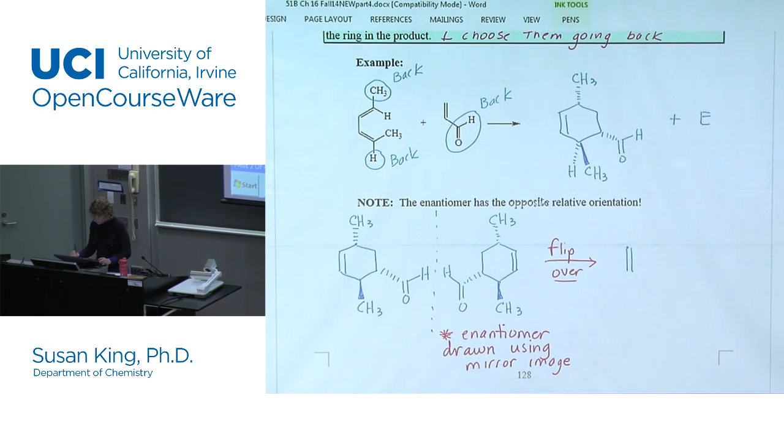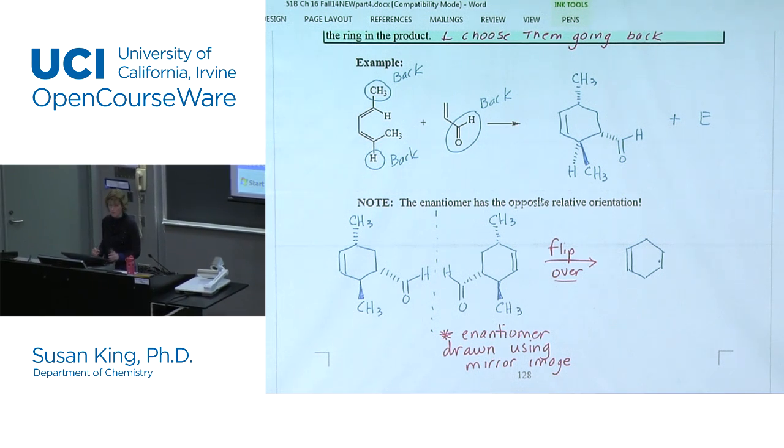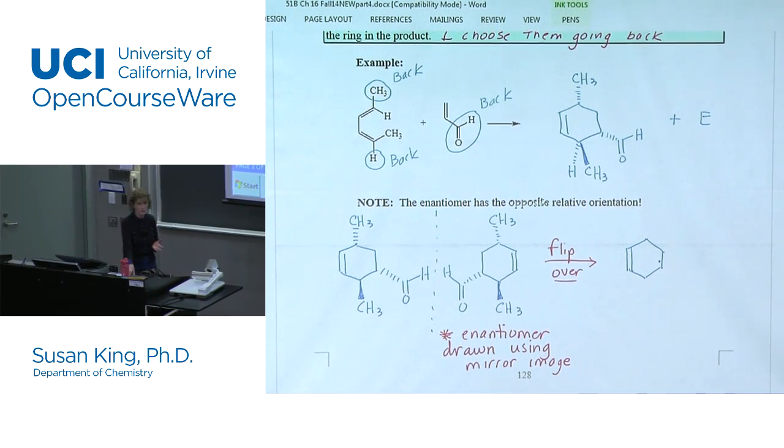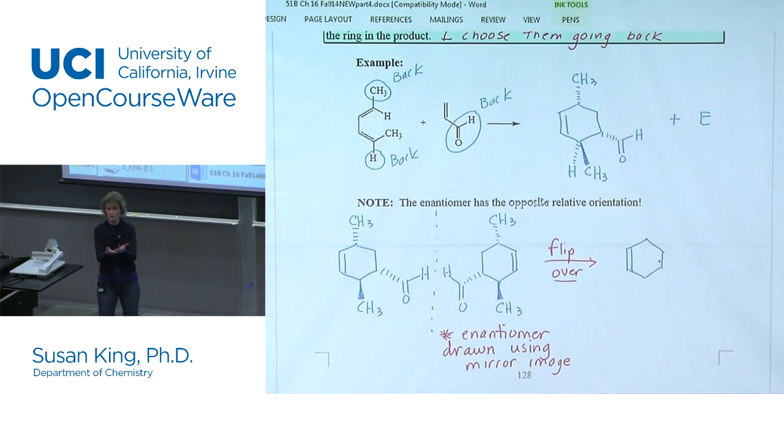So here's my spine now, the spine of our book right here. When I flip that over, everything that is coming up is now going to be going back. So for example, here's the laser pen. The methyl on the bottom is coming up. And when I flip that, now the methyl's going back.